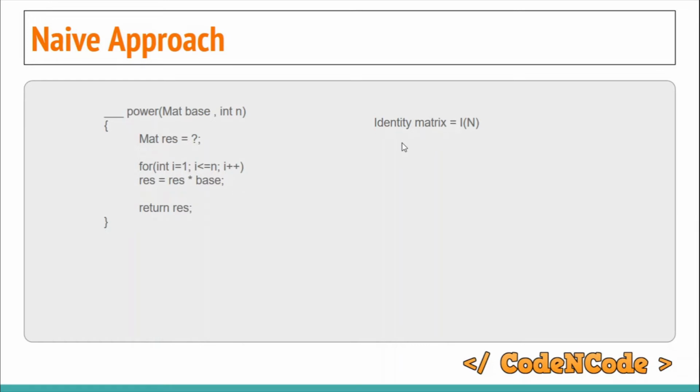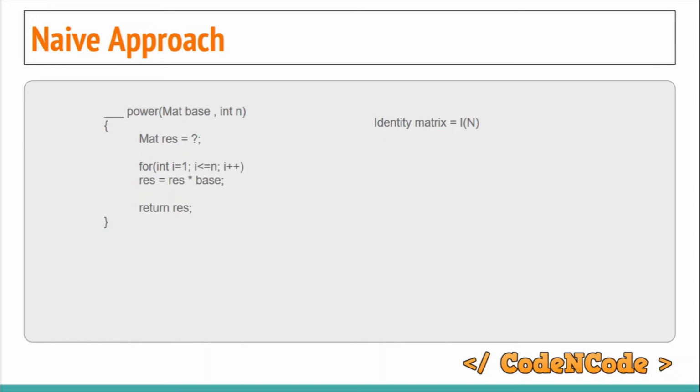If you have studied matrix algebra in secondary school, you might know about the identity matrix. It is a square matrix of size n cross n, where all the diagonal elements are 1 and the rest are 0.